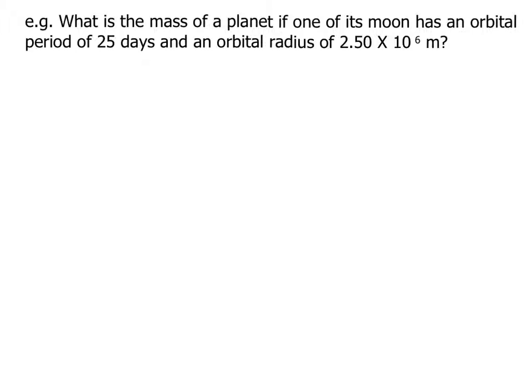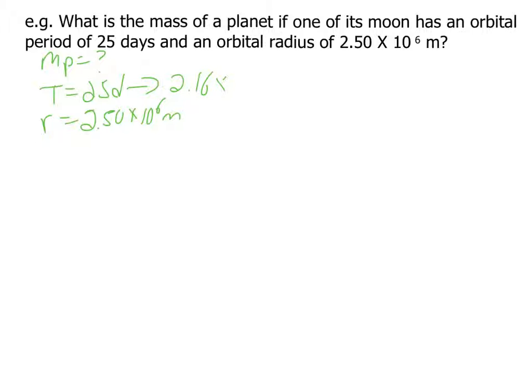So here we're asked to find what is the mass of a planet if its moon has an orbital period of 25 days and an orbital radius of 2.50 times 10 to the 6 meters. First thing we notice is that we're given days, but in our equations we need to deal with seconds. So converting days into seconds, we find that it is 2.16 times 10 to the 6 seconds.